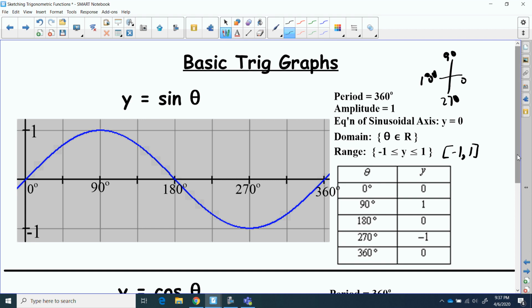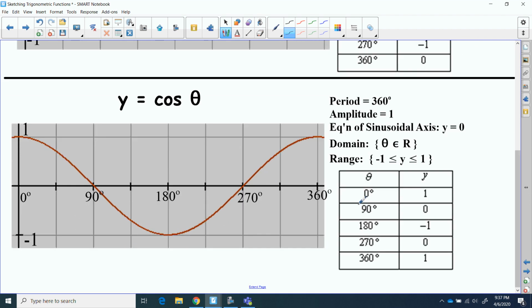If you look at the cosine, it's pretty much all the exact same information. In fact, this stuff is all exactly the same. The only thing that's different are the numbers down here. At 0, the wave's up at 1 rather than 0, 0. Cosine, remember, goes with x values.